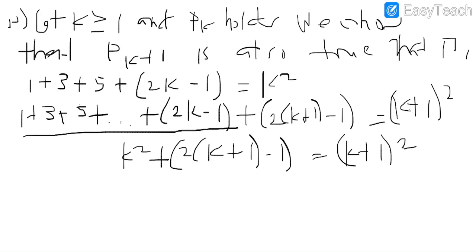Next, copy k squared. k squared plus distribute 2 times k, 2k. 2 times 1, that is 2. Minus 1. While on the right side, k plus 1 squared.